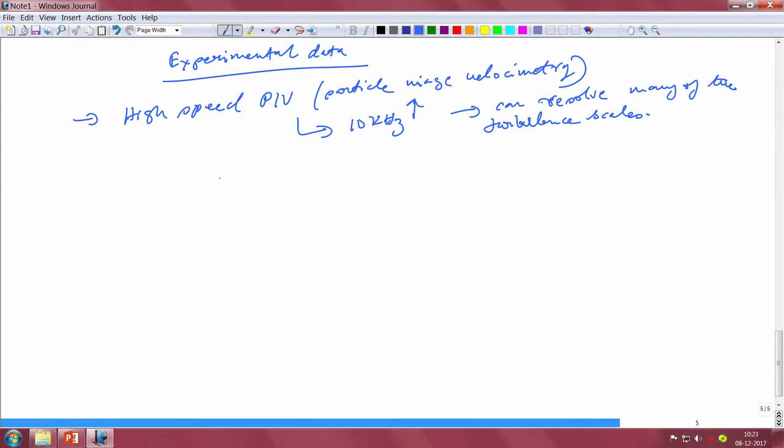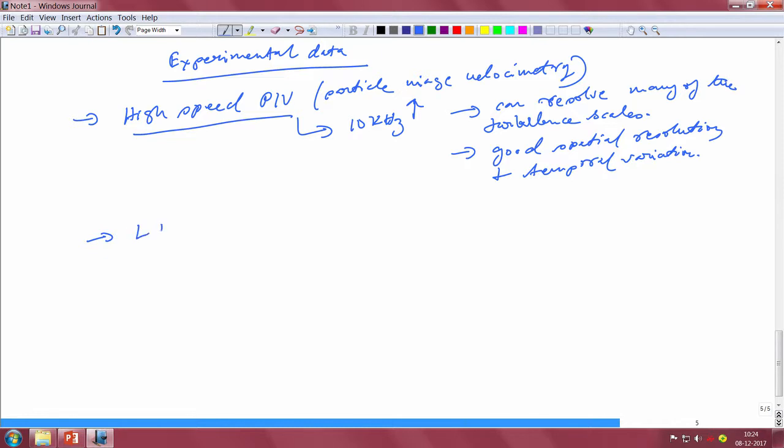The advent of cameras also enables you to have good spatial resolution, where the pixels of the camera are essentially what the spatial resolution is all about, plus temporal resolution. You have high speed cameras these days which can get you very high temporal resolution. So there is high speed PIV, then there are systems like LDV, laser Doppler velocimetry, which can also measure.